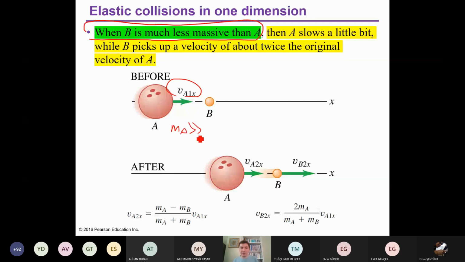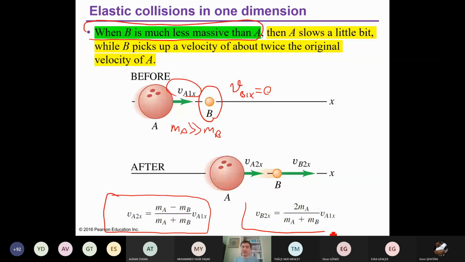And what do you see here? The B ball is at rest, so VB1X is 0. Now let's apply these two equations to this example. So what will happen to the final velocities of the balls after the elastic collision?